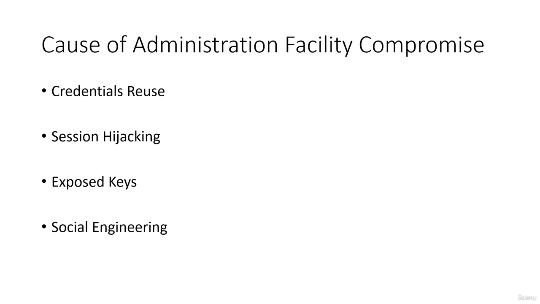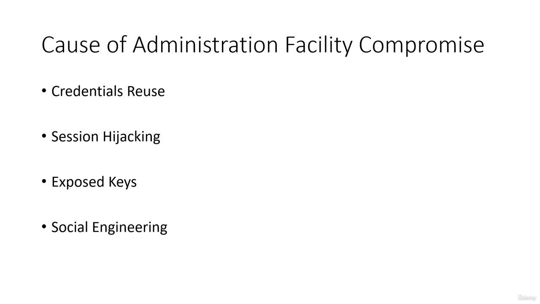Another possible attack is session hijacking. This is quite different, because what we are talking about here boils down to a flaw in the administration facility software. For example, if they weren't flagging their cookies as HTTP only, and they had a reflected cross-site scripting vulnerability, and an attacker was able to convince the victim to follow a link, that link could give access through session hijacking.